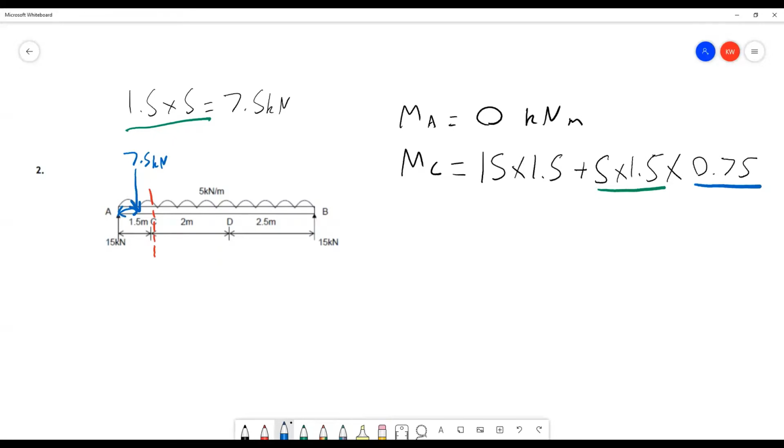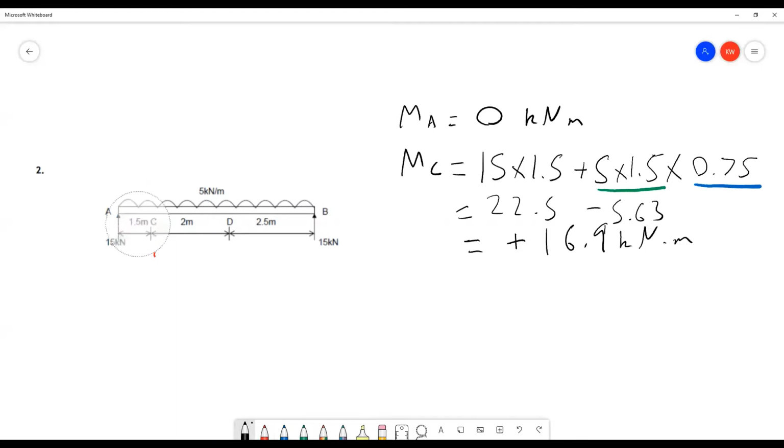I should actually put it between the midpoint and C, but it's the halfway point between A and C. And so when we put those into our calculator, what we're left with is a positive value. We can write it out first of all, 22.5 minus 5.63, which leaves us a positive value of 16.9 kilonewton meters. So that's how we deal with the UDL when we're considering a problem like this.